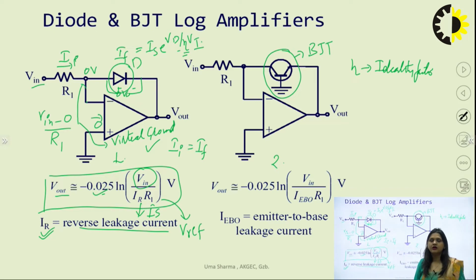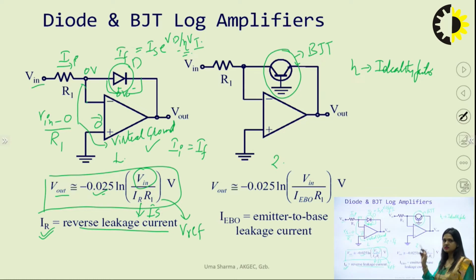To overcome these problems, I have one solution: we can implement this circuit using a BJT also. If we implement the logarithmic function using a BJT, then the problem of ideality factor can be eliminated. So here you can see that in place of the diode, I have a bipolar junction transistor, where the base of this transistor is kept at 0 volt.